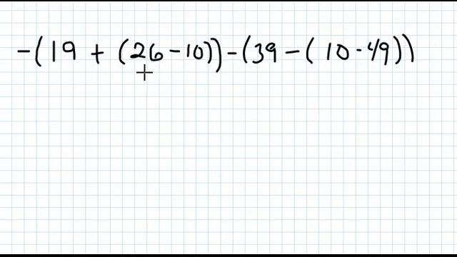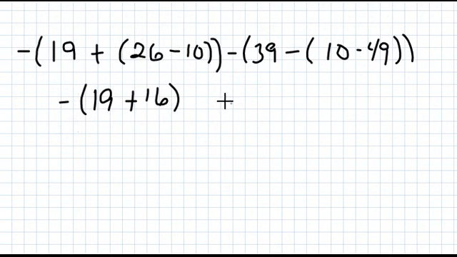Okay, so we have 26 minus 10, and that's going to end up becoming 16, right? And then 19 plus 16. Now, all of this, we got a negative outside, so I put a parentheses, put the negative sign, minus.